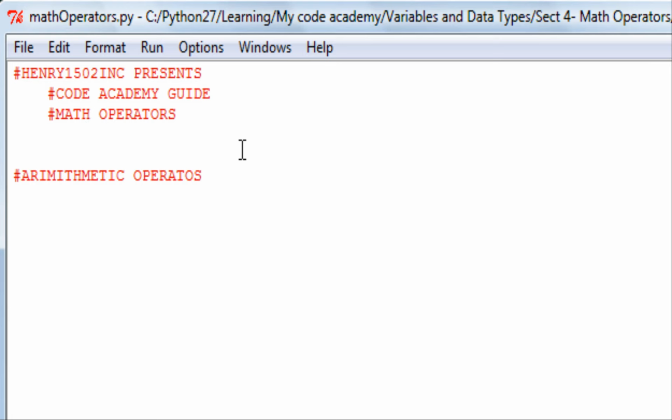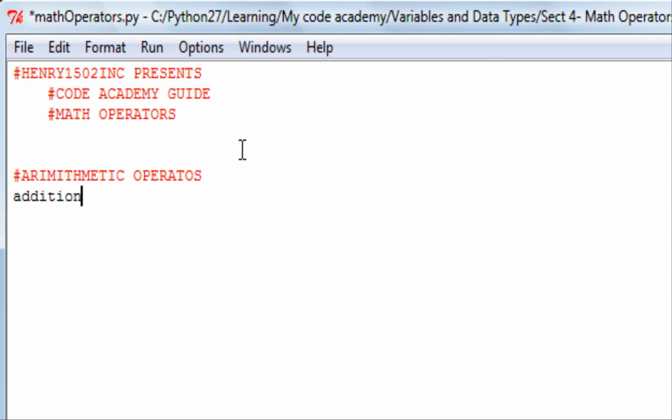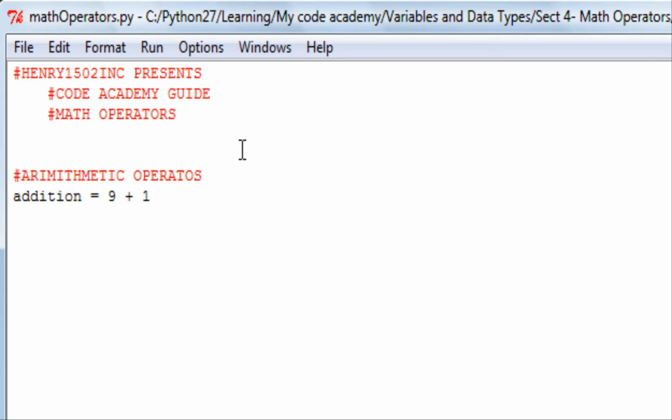So let's say addition equals 9 plus 1. What happens when we run it? Press F5, or you could just go down here, run module. I'm choosing F5.